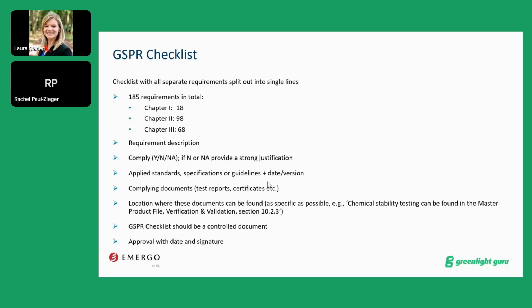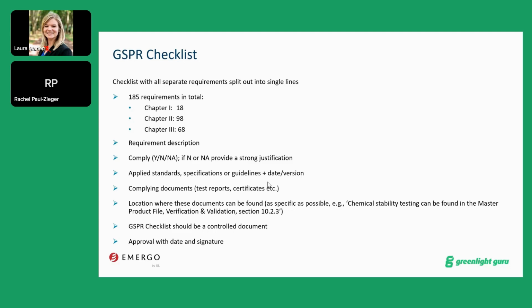You need to state if you comply, yes or no, and if not applicable, you need to provide a strong justification. You need to provide the information of the applied standards, common specification, guideline, and also there is an expectation that you provide the date and the version of this document.